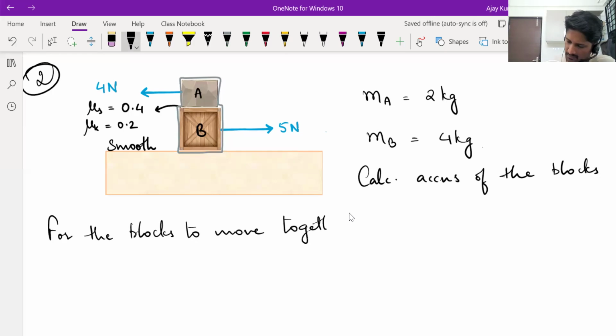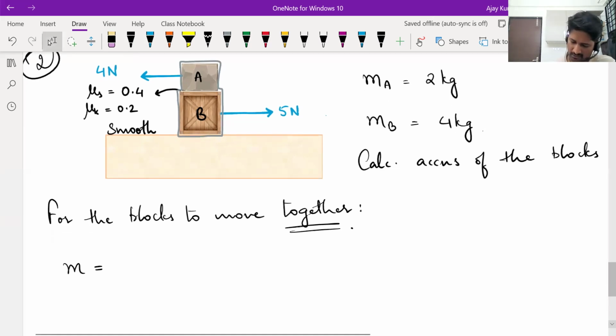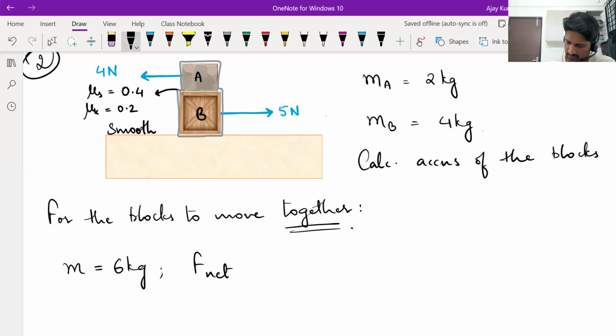Vanilla, you tell me, what is the combined mass? 6 kg. 2 plus 4, 6 kg, correct. What is the net force if you take them together? 1 Newton.